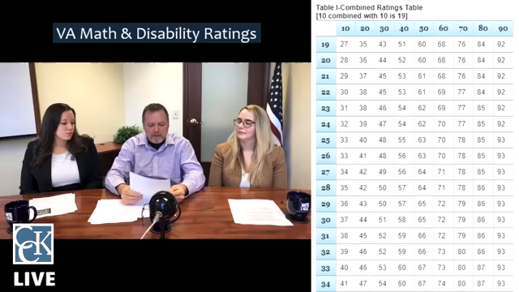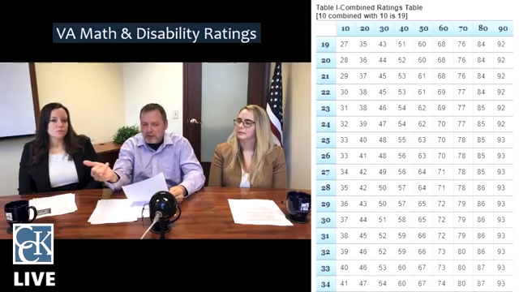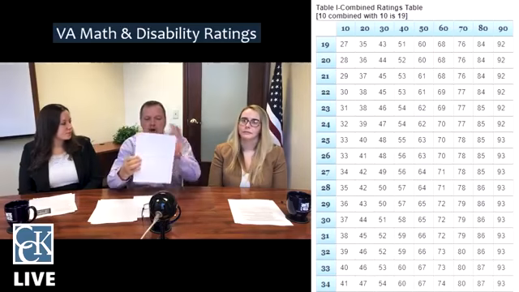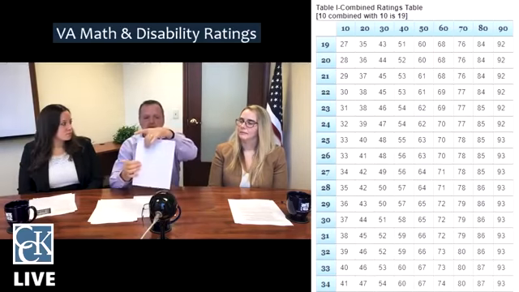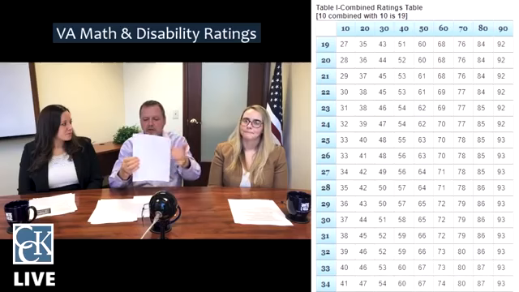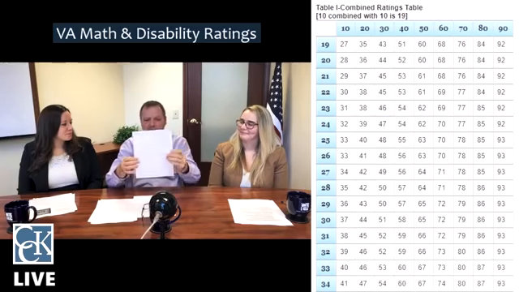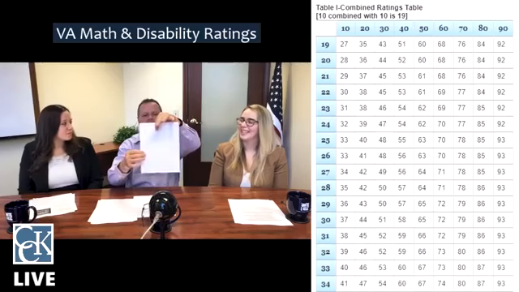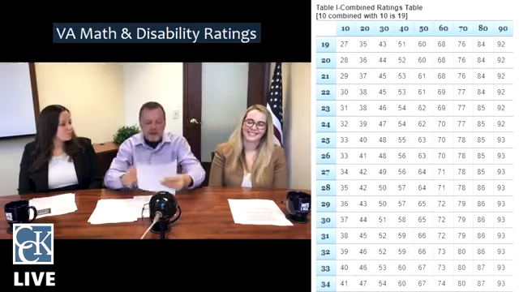Once you find your 50, now you're going to want to combine the 30 to that, because you have a 50, a 30, and a 10. The top row has the percentages that you're going to combine to it. So you find your 50 down one side, you find your 30 across the top, and then you come to where those intersect.